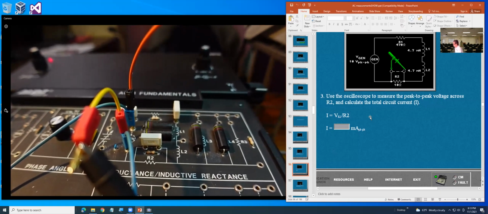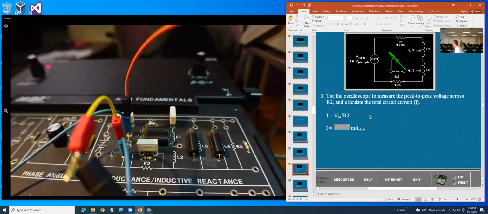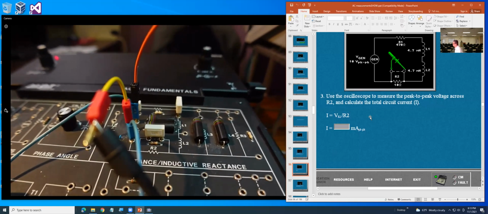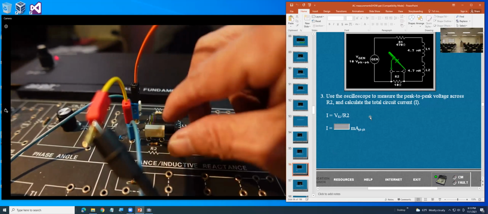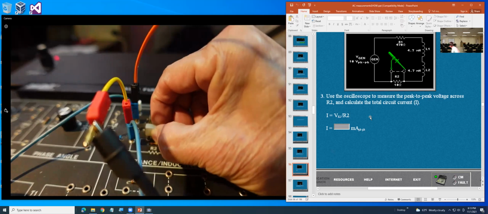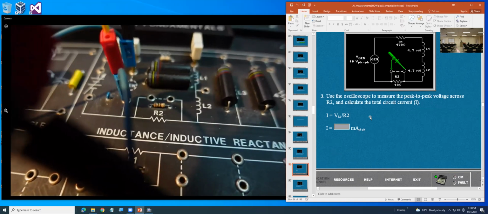Okay, so now you can see that. That looks nice. Okay, take that out, and connect scope channel 1. This is scope channel 1.